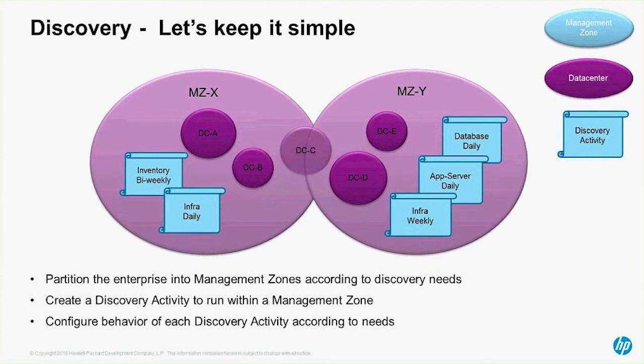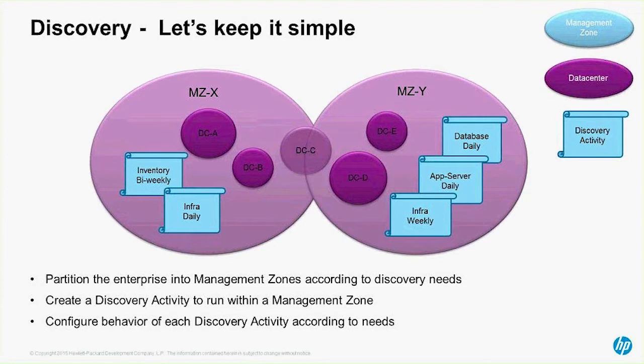When it comes to the discovery approach using universal discovery, the motto is, let's keep it simple. Starting with UCMDB version 10, HP introduced a new way of discovery, which is the zone-based discovery. Now, you could actually define your zones, and each zone could actually be running a different discovery activity.